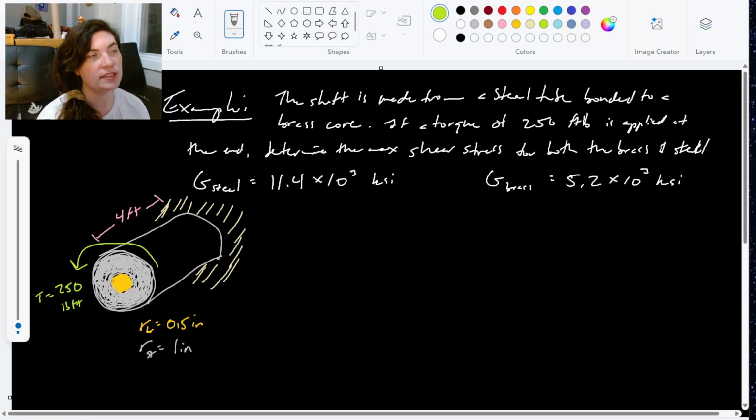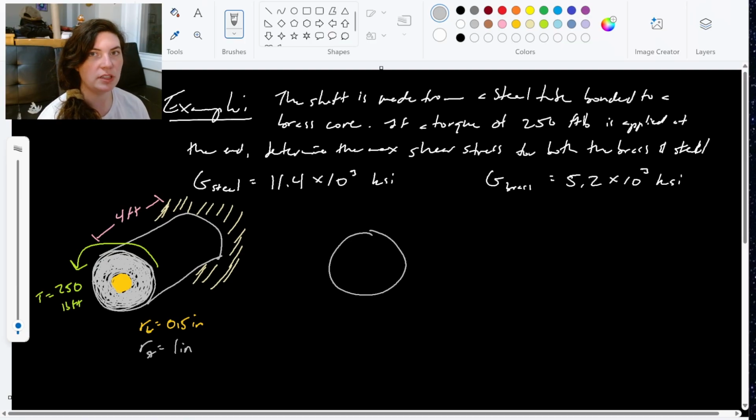On its surface, it may be easy to trick yourself into thinking that this is not a statically indeterminate problem, but really what we're looking at here, if we were to draw our free body diagram or an approximation of one, is we have these dual cores.